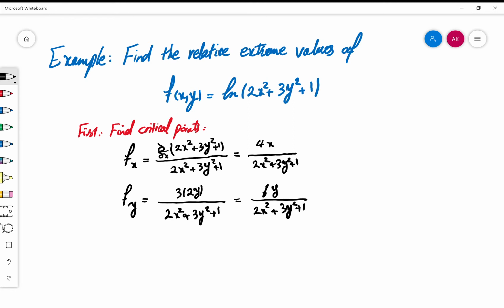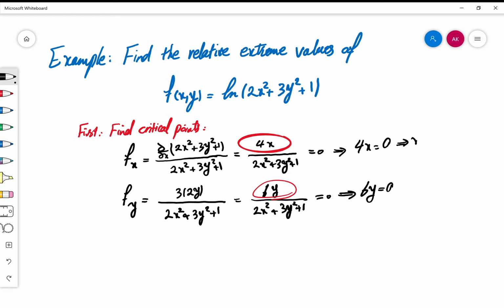And remember, to find critical points, we set the first partial derivatives equal to 0. When you have a quotient equal to 0, the numerator needs to be 0. So this implies that 4x is equal to 0, and this implies that 6y is equal to 0.